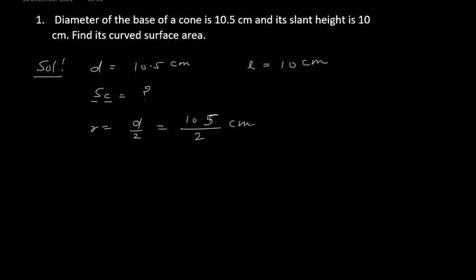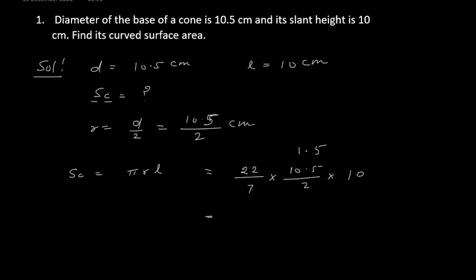So let us see curved surface area SC. The formula is pi r l. The value of pi, if nothing is mentioned, we will use 22 divided by 7, into r. Radius is 10.5 divided by 2, into l. L is given 10. Okay, so now let us see. With 7 I can cancel 7 1 the 7, then decimal, and 3 is remaining, so 35, 7 5 are 35.